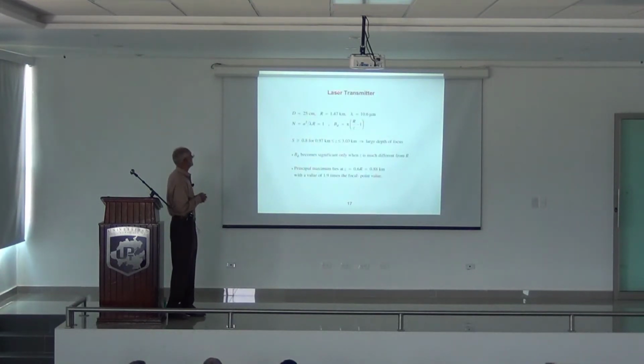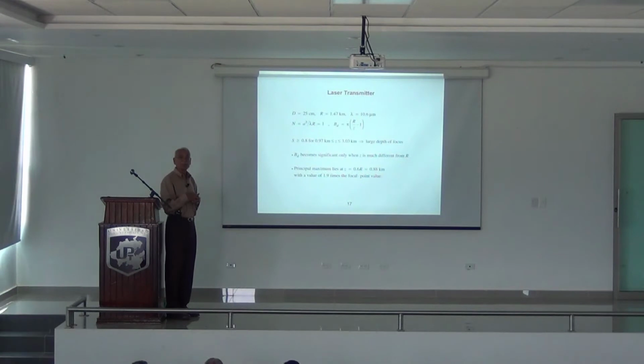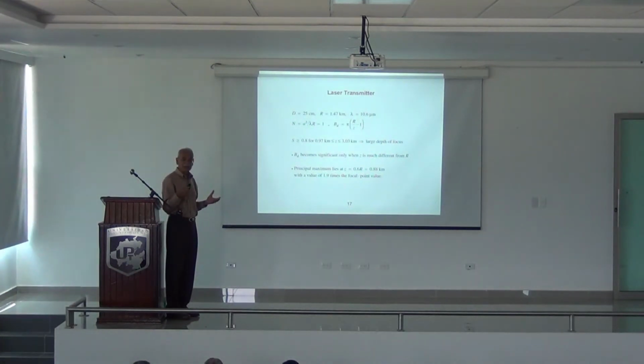However, let's consider a laser transmitter. Here I'm going to make up the example so that the Fresnel number is 1, because we have numerical results for it. The beam is 25 centimeters. Distance is about 1.5 kilometers. The enemy tank, close range, still 1.5 kilometers. Wavelength 10.6 micrometers. That's the CO2 laser.